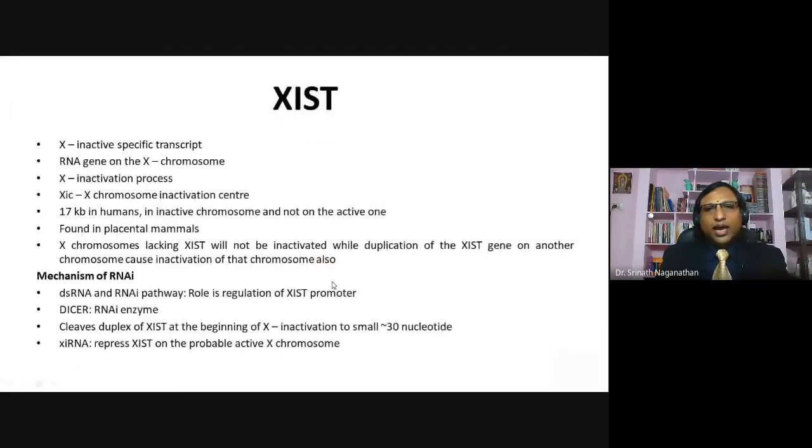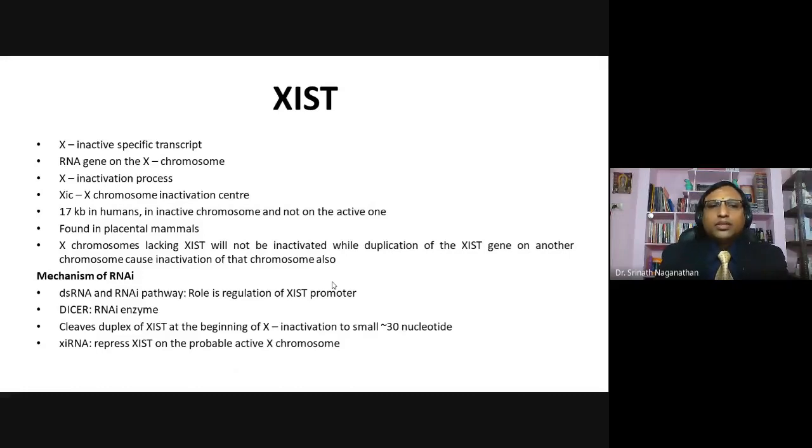So let's see about XIST. XIST is called the X inactivated specific transcript. This is an RNA gene on the X chromosome, which is present in both male and female. The X inactivation process occurs because of this, because there is a particular site called the X chromosome inactivation center.